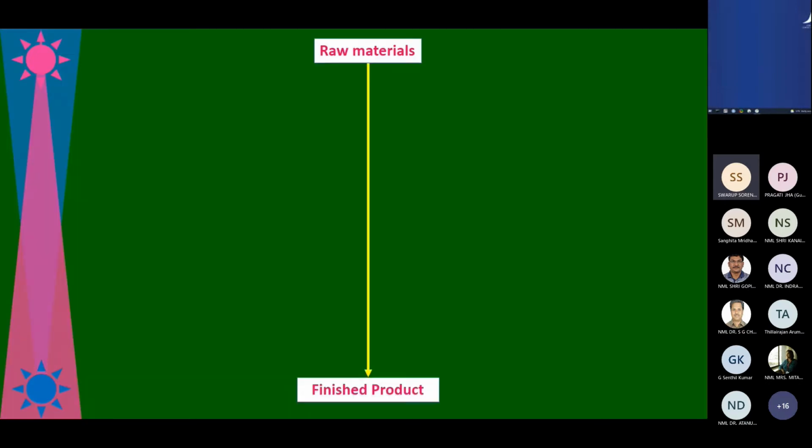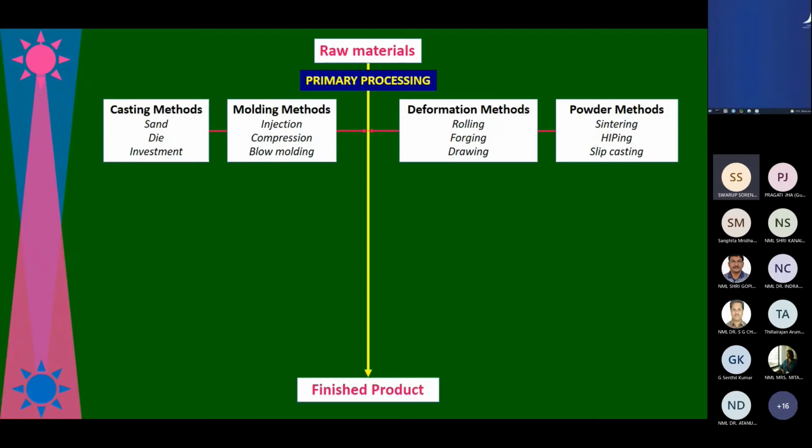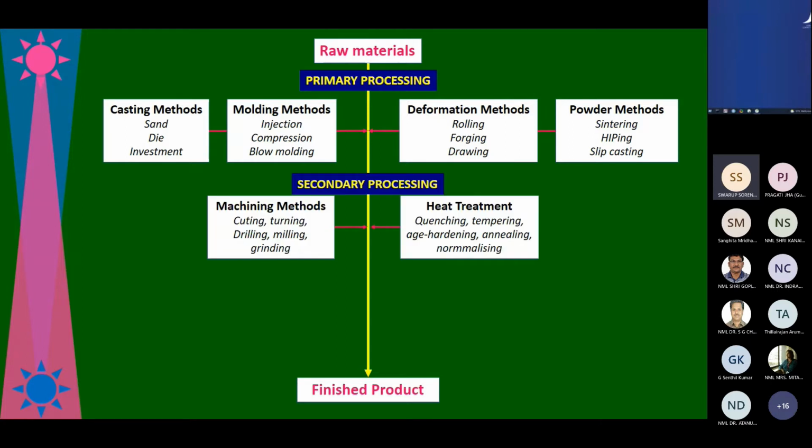For all these materials, from raw materials to finished product, there are different processes like primary processing where we do casting, molding, deformation methods, powder metallurgical methods. Once we do this bulk primary processing, then we also need to go for secondary processing like machining of the material and then heat treatment to have the desired microstructure so that it can be useful for the given application.